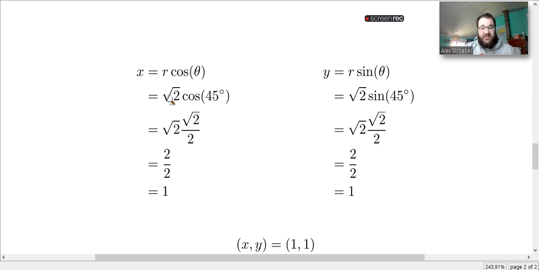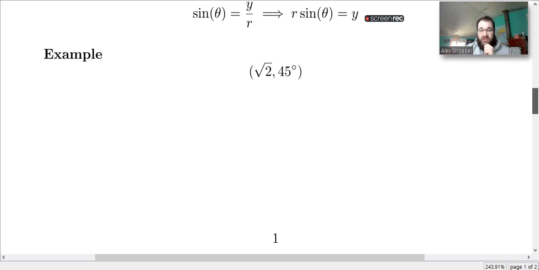The cosine of 45 degrees is square root of 2 over 2. Square root of 2 times square root of 2 is 2, 2 over 2 is 1. Same thing over here. Y is r sine theta. Sine of 45 is square root of 2 over 2. Square root of 2 times square root of 2 is 2 over 2, which is 1.